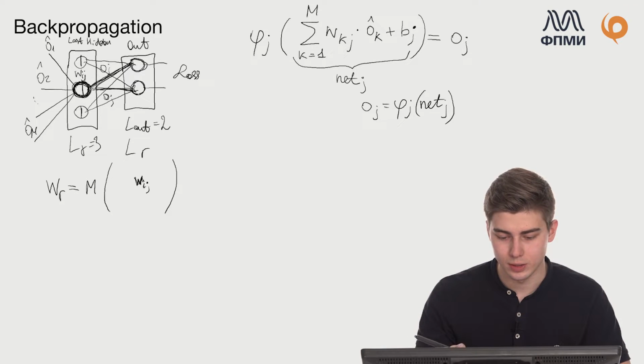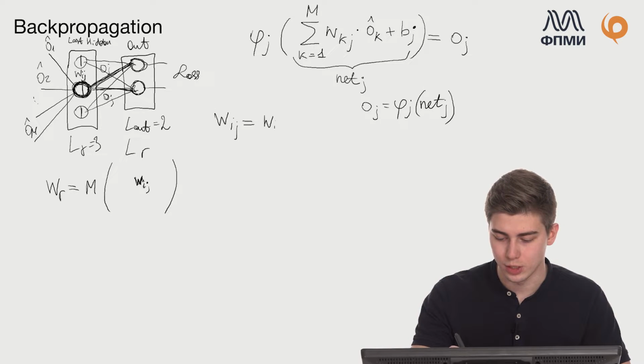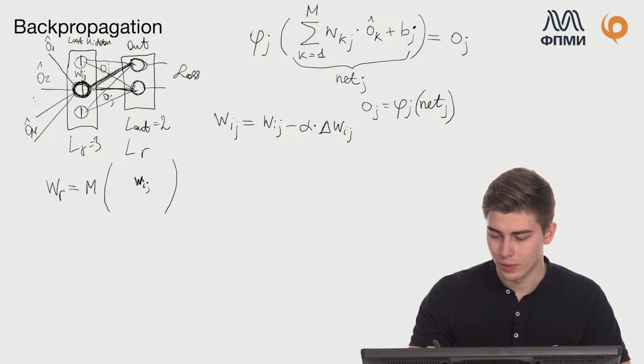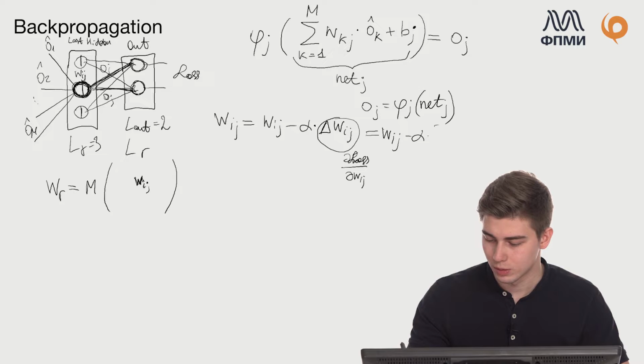We can use the gradient descent for this weight to optimize it. So let's write w_ij equals w_ij minus alpha multiplied by delta w_ij, where this term is just the partial derivative of our loss with respect to w_ij.